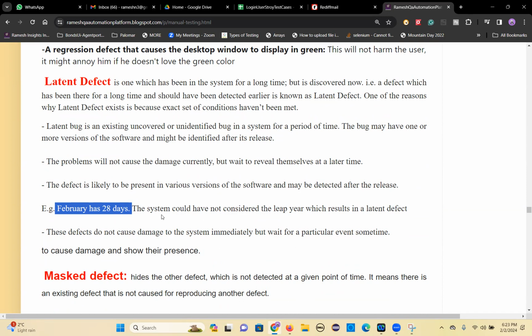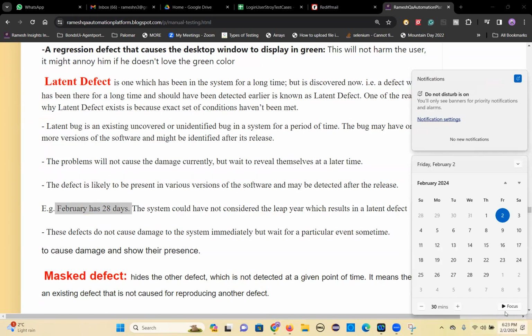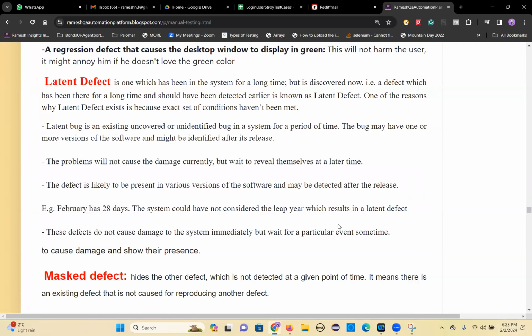Generally in a leap year, how many days will be there in the February month? 29 days will be there in a leap year.